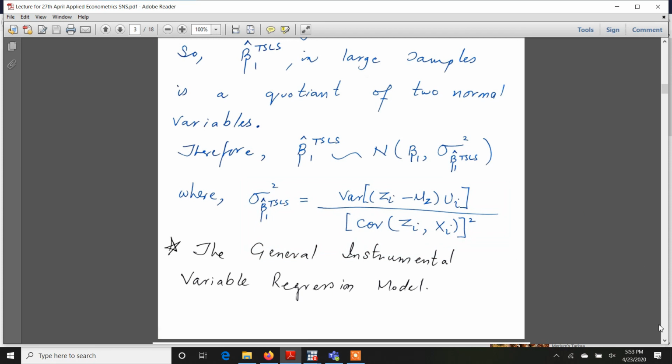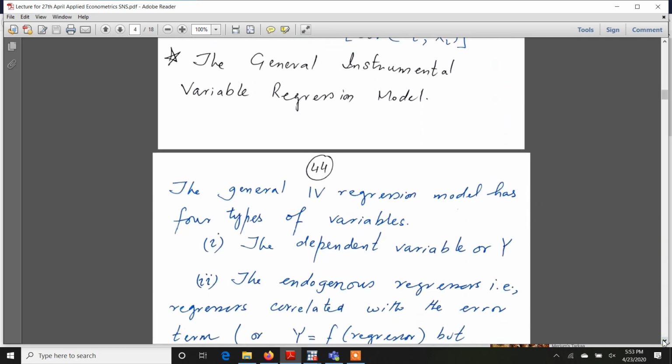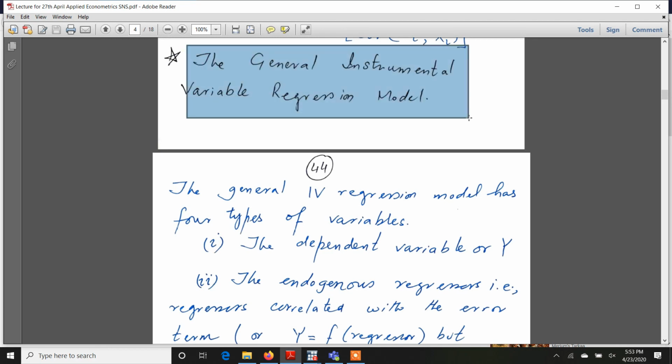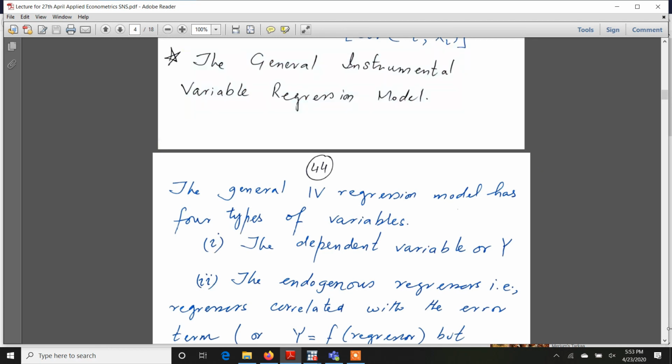Okay, so what we have just established is that beta 1 two-stage least squares is normally distributed, right? What is so important about knowing the distribution of this estimator is that I can develop the confidence interval and do the standard statistical testing if need be, which we will discuss in the coming examples as well. Okay, so next we have the general instrumental variable regression model, right?